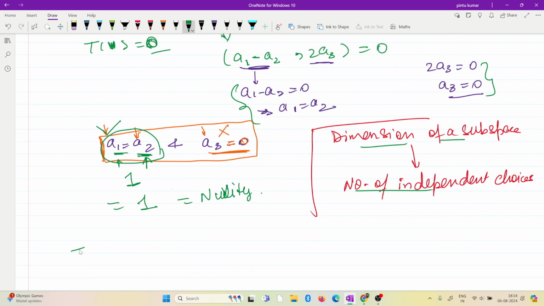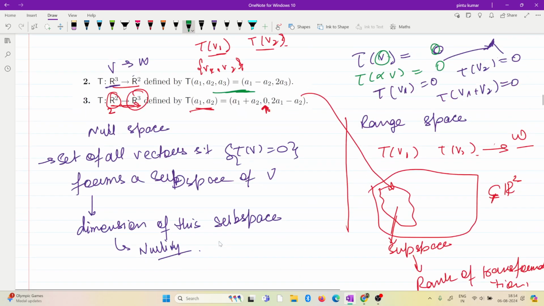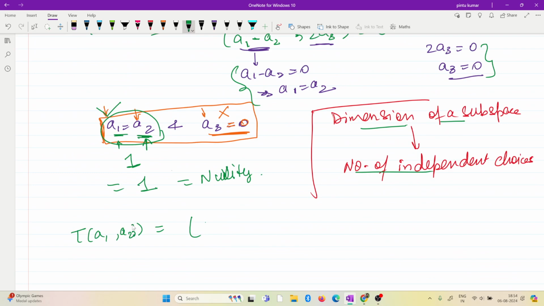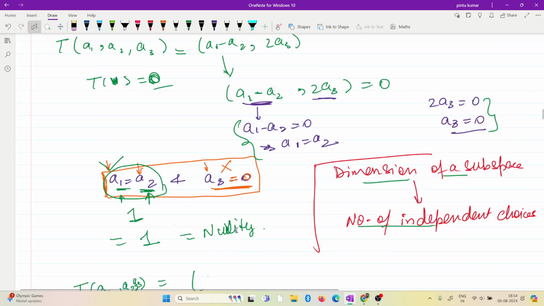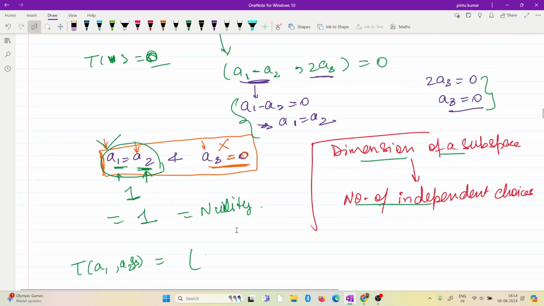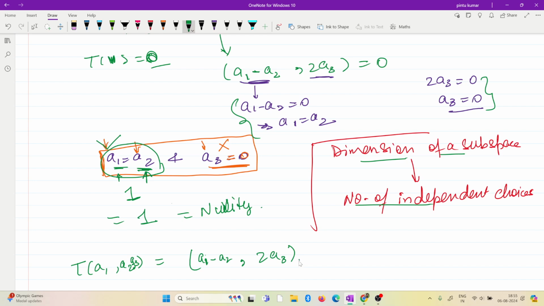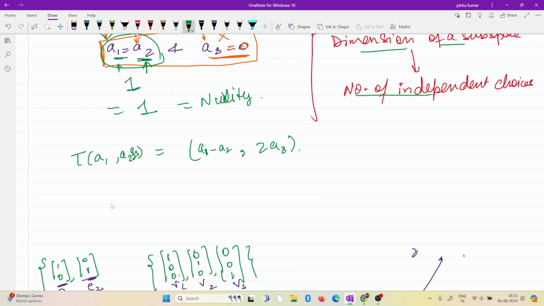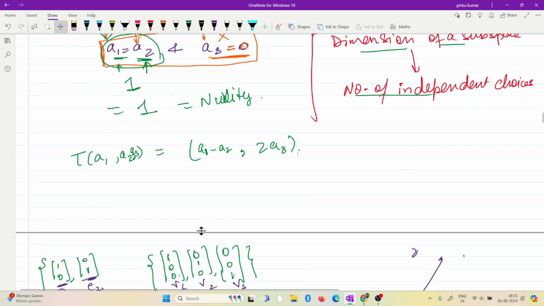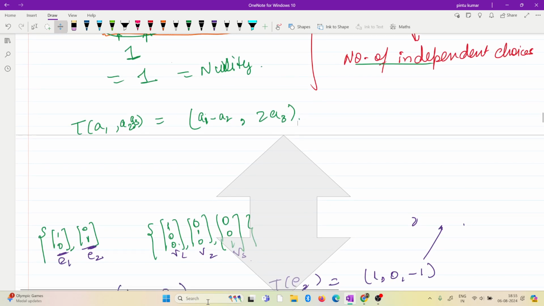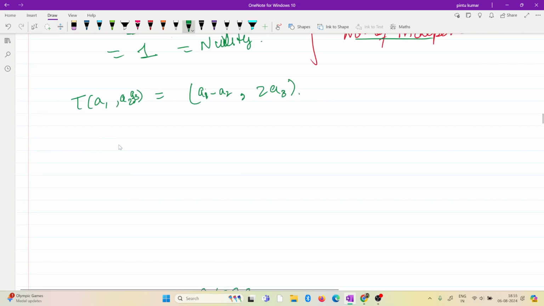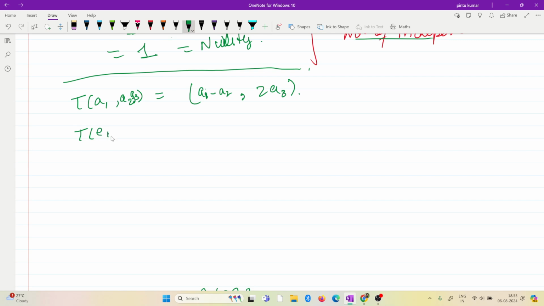Now, T of (A1, A2, A3) is given by (A1 minus A2, 2 A3). The best way to find the dimension of your range space is to find the map of the standard basis elements.